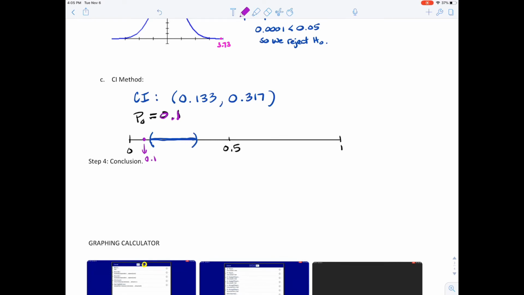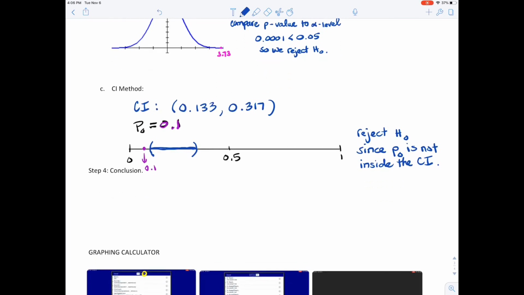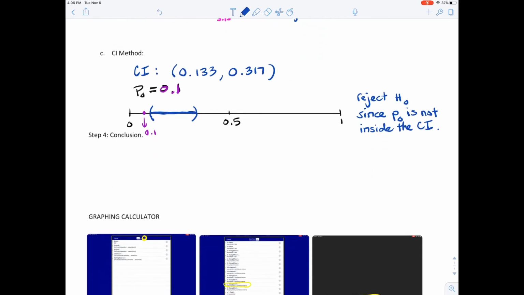So, again, we would reject the null, since P0 is not inside the confidence interval. Now it changes if you have more than one proportion, but if you just have one proportion, that's how you can look at it. Groovy? Okay, so I've shown you 3 ways in which to reject the null.